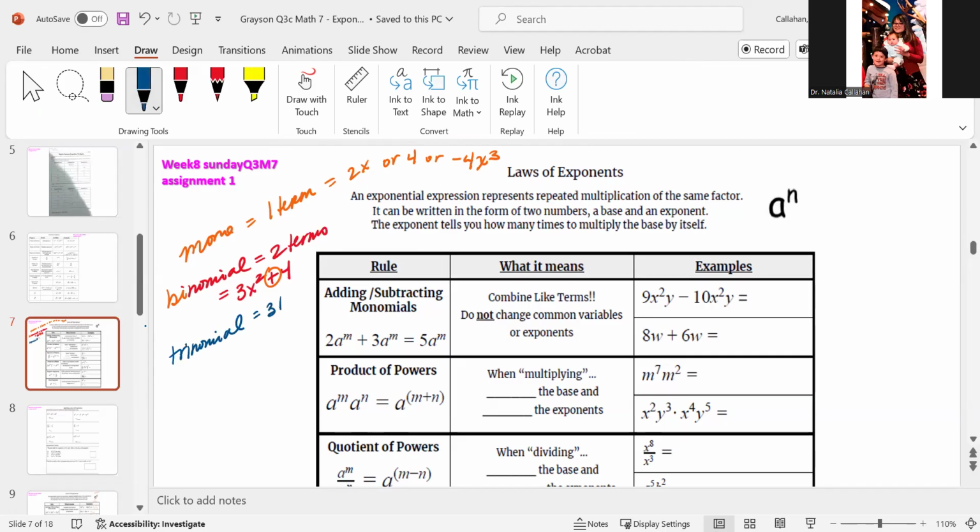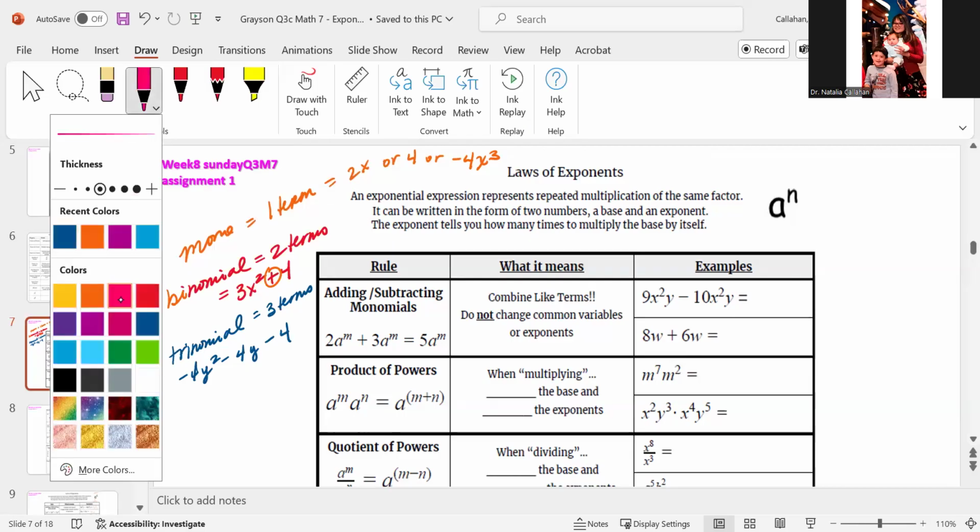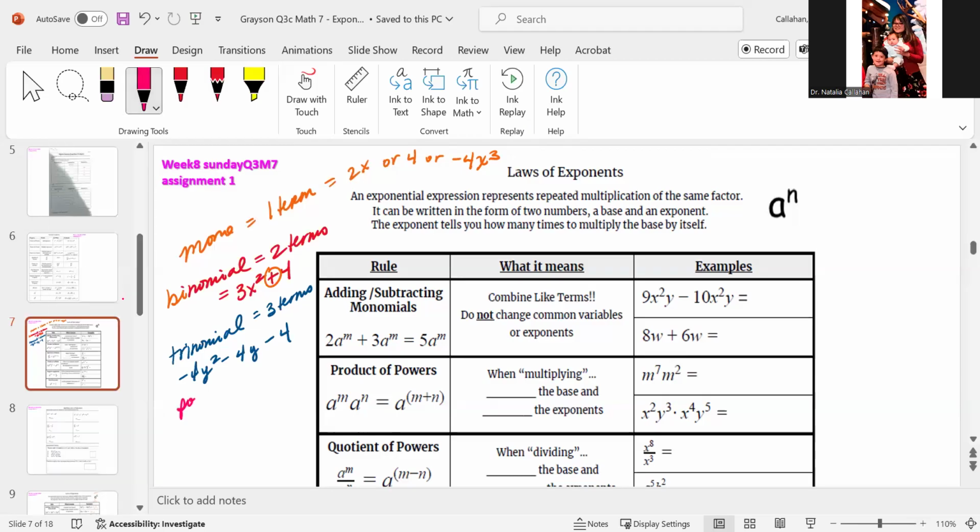Trinomial means three terms, right? Like negative 4y squared minus 4y minus 4. That's three terms, right? Anything after this that's more than three terms is called polynomials.